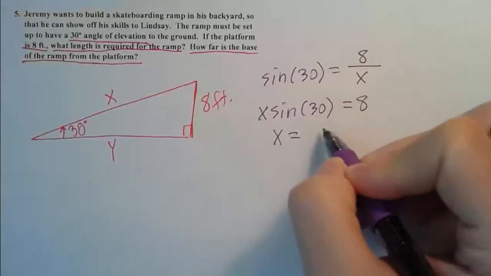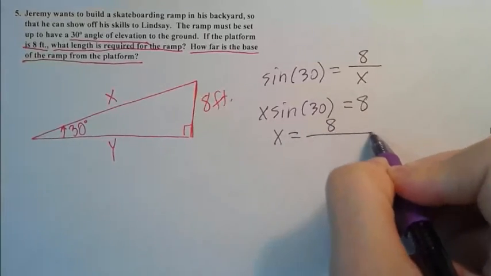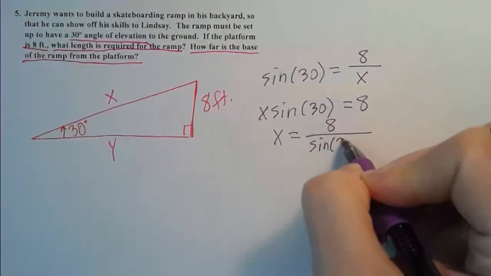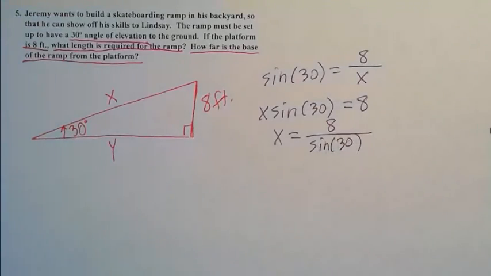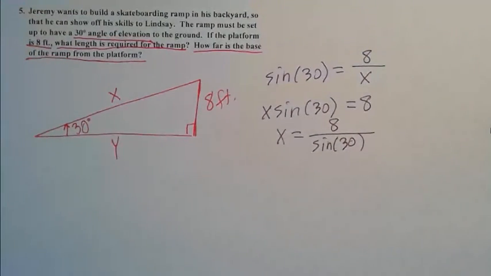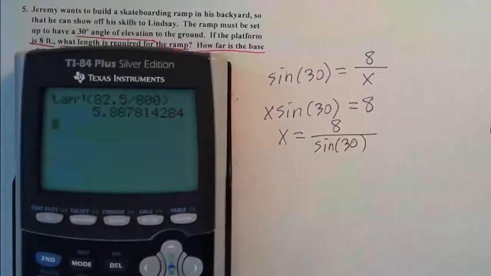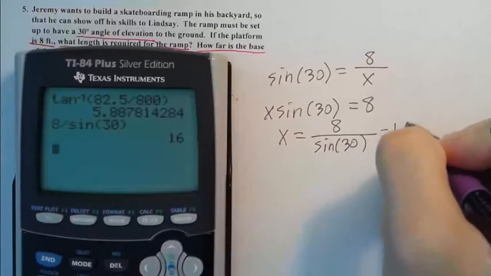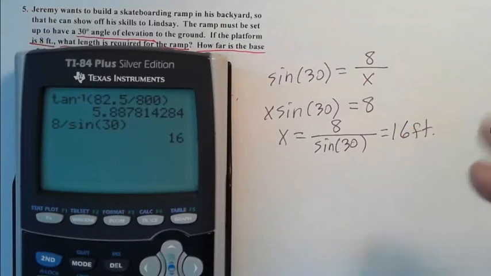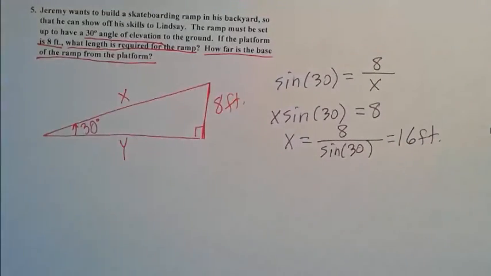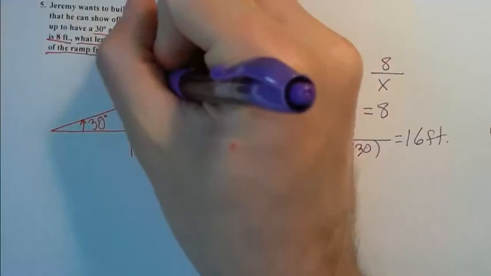And that would give you x is equal to 8 over the sine of 30. And so we can grab our calculator to get that answer. 8 divided by the sine of 30 degrees is equal to 16 feet. And that 16 feet is the answer to x.